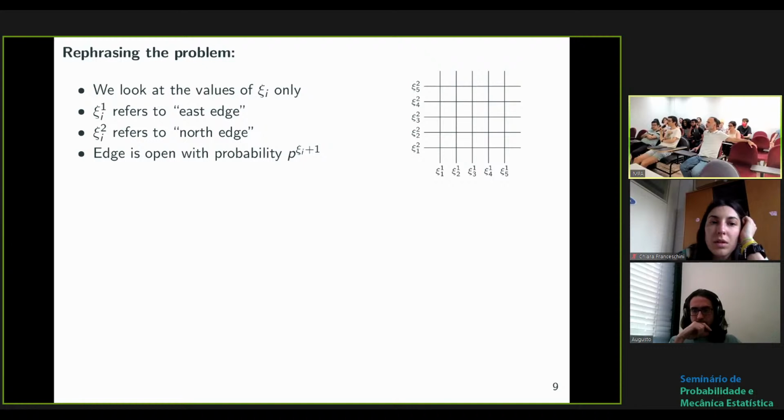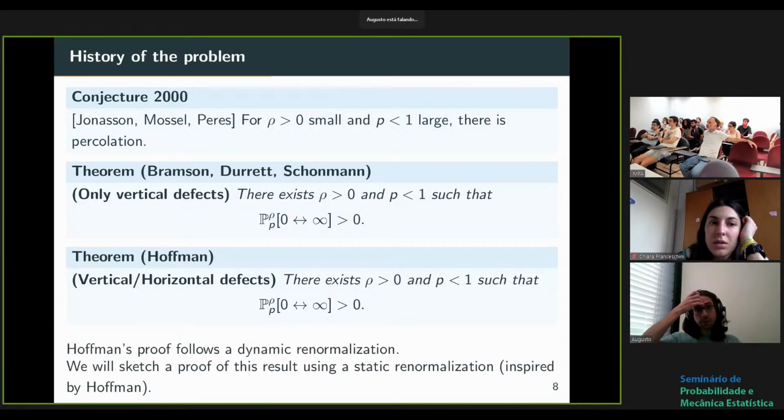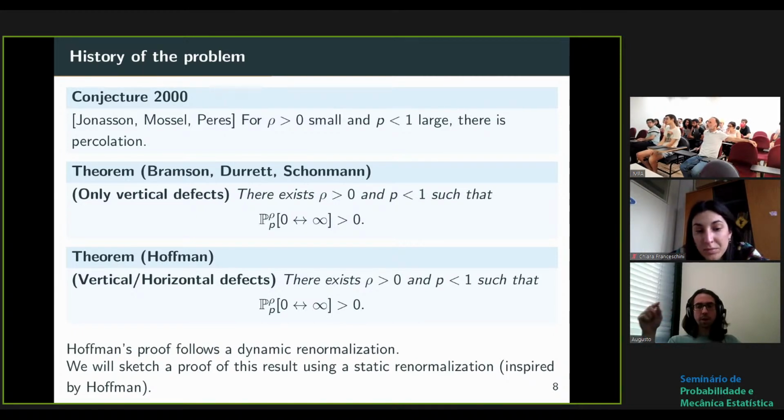Are there any conjectures in two dimensions when the tails are just a bit heavier than exponential? Oh, very good question. We have a theorem now that says that Hoffman's result is very sharp in the following sense. I'm going to hand wave a little bit because I didn't have the statement written down, but basically it says, if in one of the axes you have something heavier than any exponential, so you don't have any exponential moment in one of the axes, and in the other axis you don't have compact support, then there is no percolation.